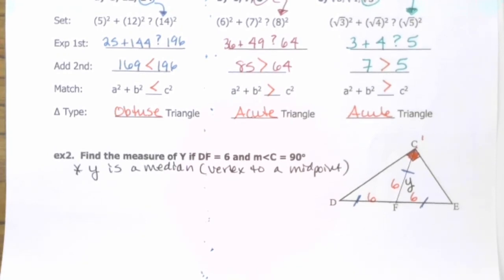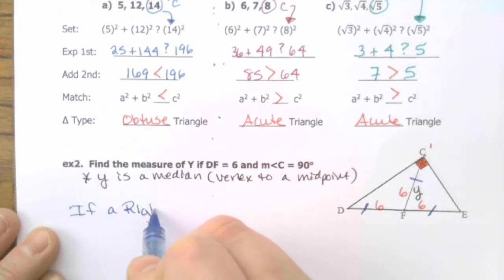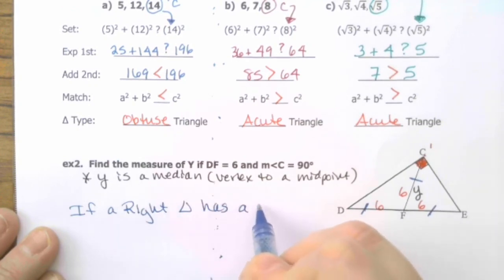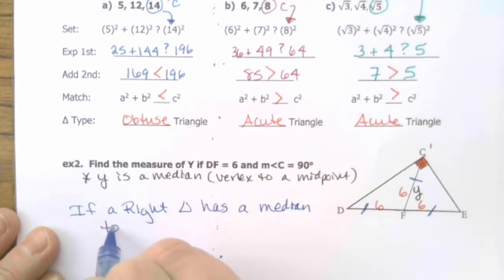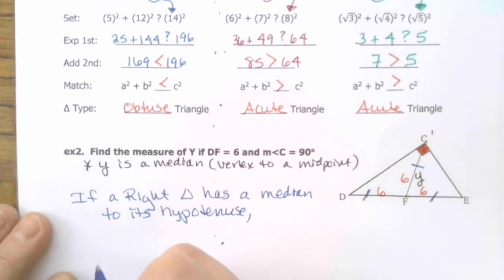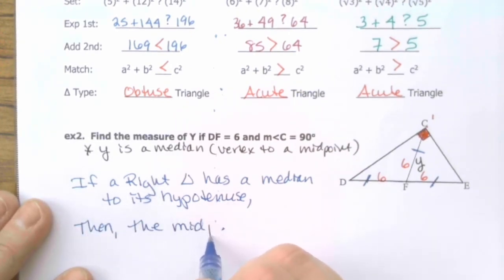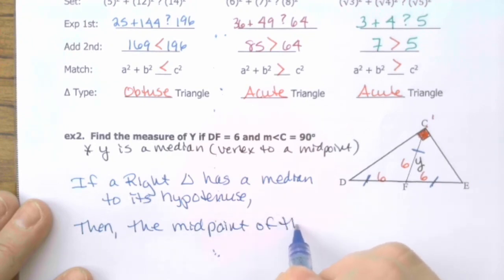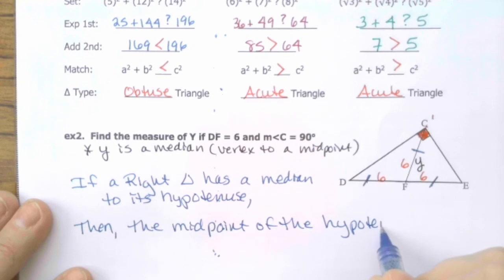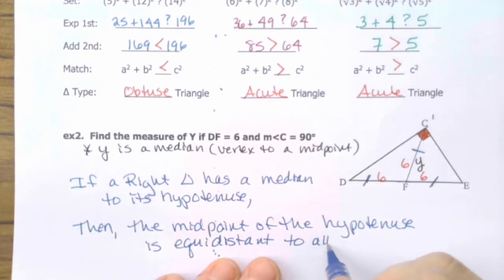So just to remind you of the theorem, and this is the explanation, if a right triangle has a median to its hypotenuse, then the midpoint of the hypotenuse is equidistant to all 3 vertices.